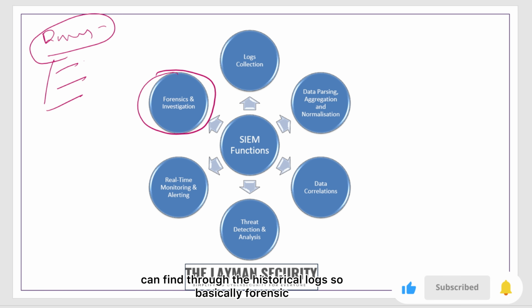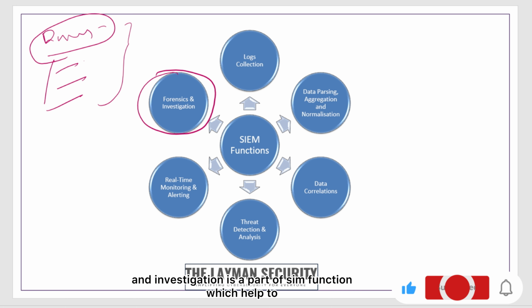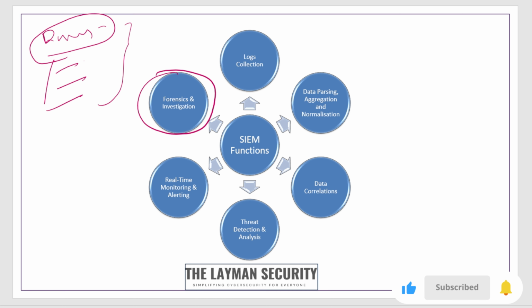Everything you can find through the historical logs. So basically, forensics and investigation is the part of SIEM that helps the forensic team investigate the root cause of any incident.